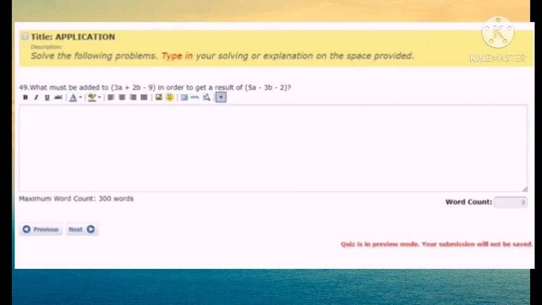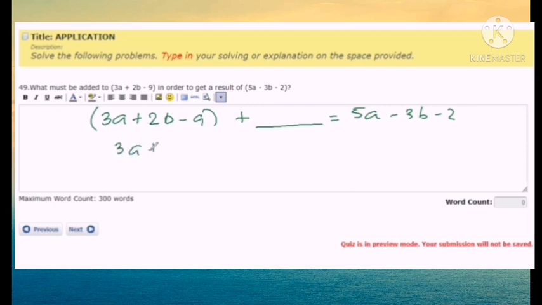Next, we have number 49. What must be added to 3a plus 2b minus 9 in order to get the result of 5a minus 3b minus 2? Again, there are two processes that I have introduced in answering this one. You can have it by similar term, or simply you can subtract. If we have the similar term, 3a plus blank equals 5a.